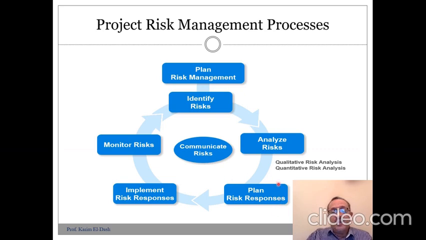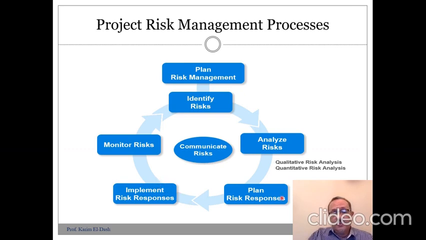Okay, now we have planned for responses. Now we are going into the execution of the project. In the execution, we have to implement risk responses if we need to implement them. So if a risk response is implemented, then we have to assess the implementation's impact on the risk severity and on the risk consequences.